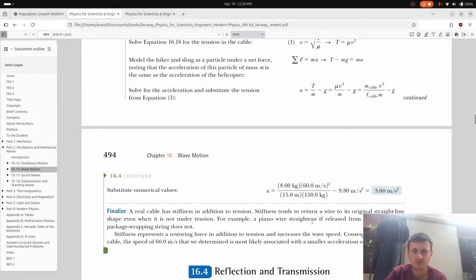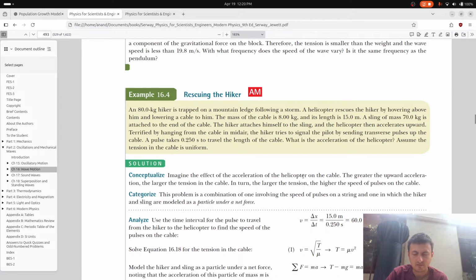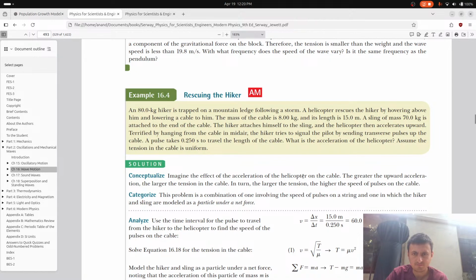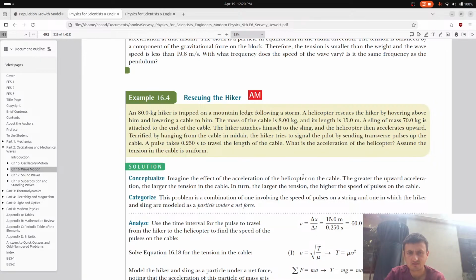And V, we know V, because the wave speed times the time has to be equal to the length. And if we know it traveled that far, that's how we find the wave speed.